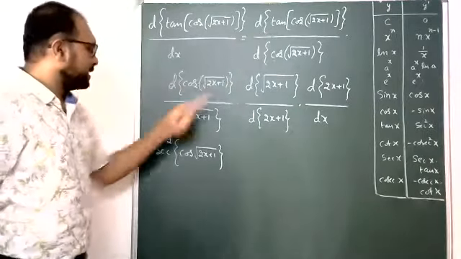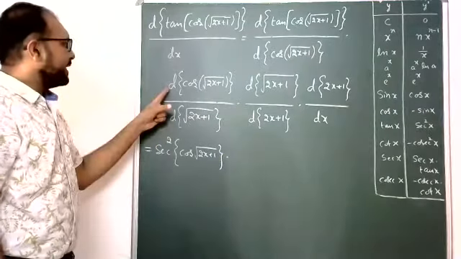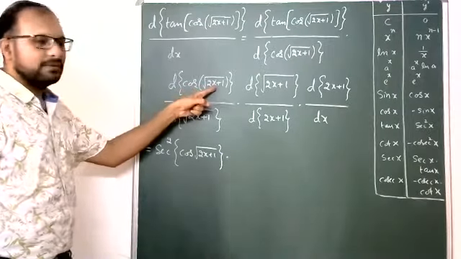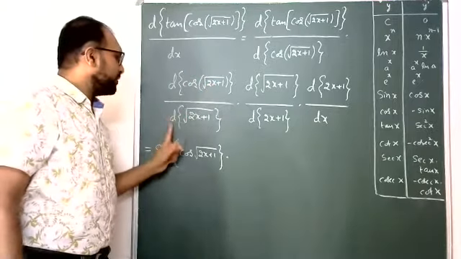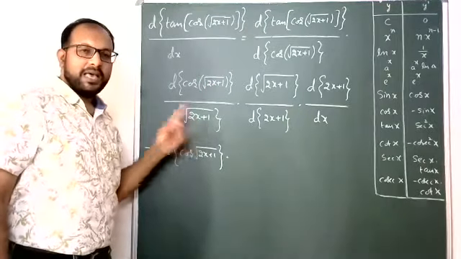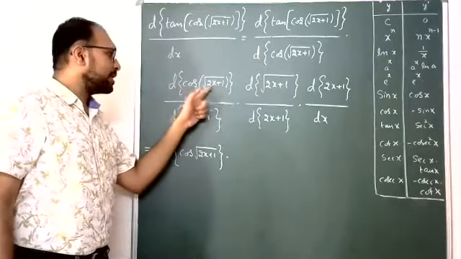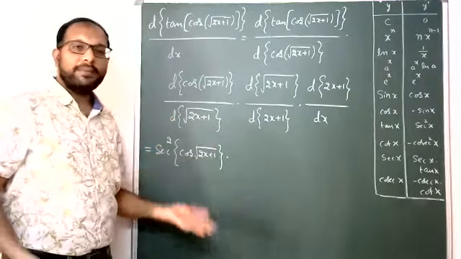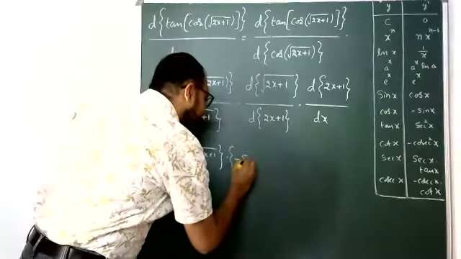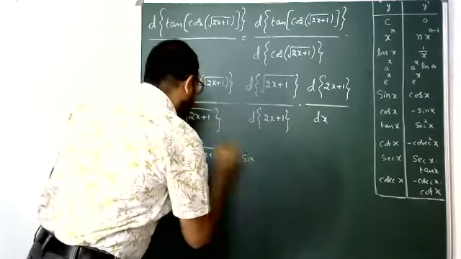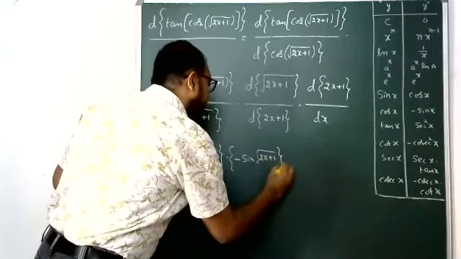So that is the first link answer. Now the second: derivative of cos, assuming some v, cos v with respect to v. Cos x with respect to x is minus sin x, same as cos v with respect to v is minus sin v. So the answer is minus sin of root 2x plus 1.